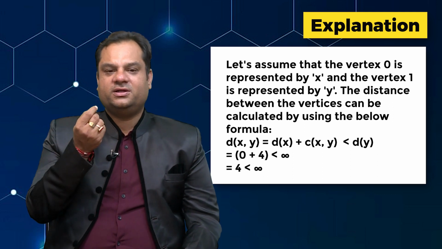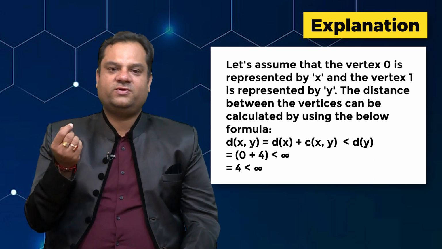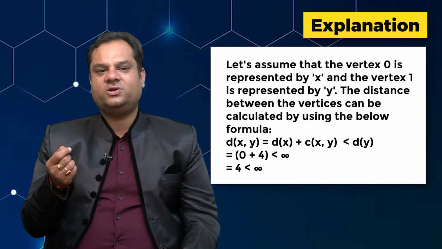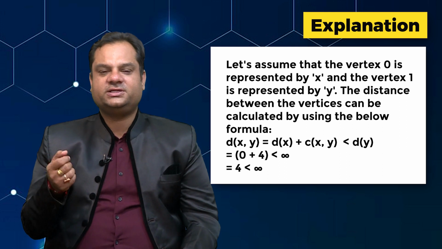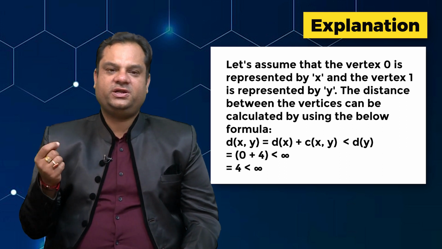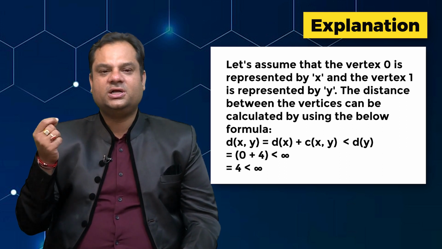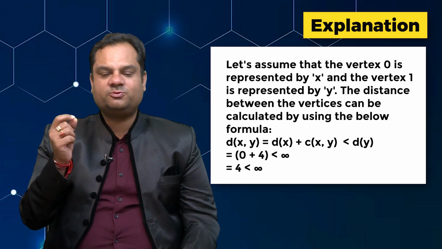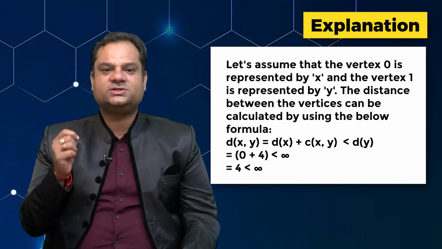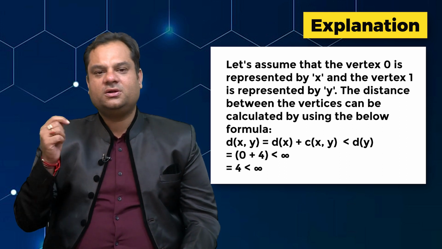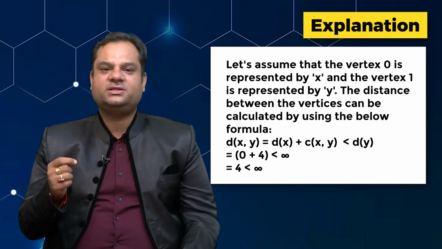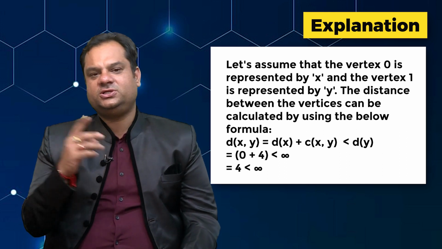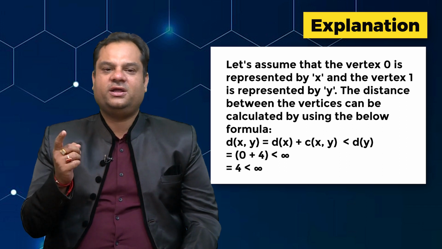Here we have an edge 0 to 1 with a weight of 4, so we put in the values. Initially we started our journey from the source vertex, vertex 0, and the distance of vertex 0 is initially 0. That is why d of x equals 0, plus c of xy, the weight of the edge between 0 and 1, which is 4.